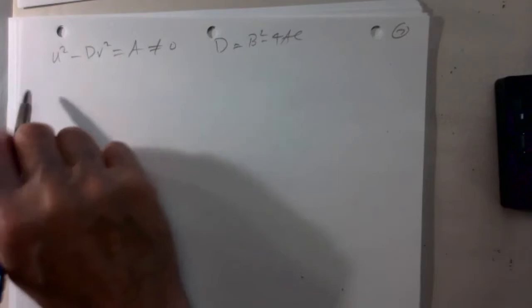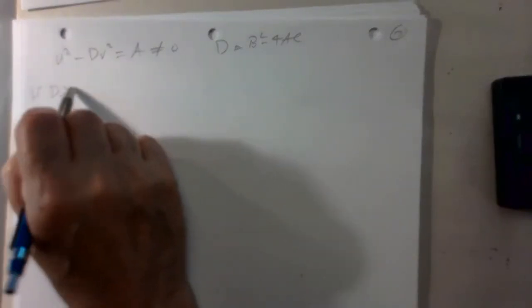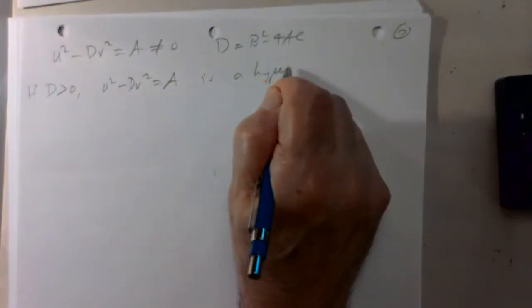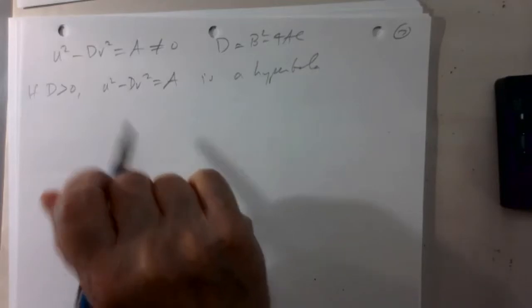Well, if d is greater than 0, u squared minus d v squared equals a is a hyperbola. I mean, that's exactly the equation of a hyperbola, right?